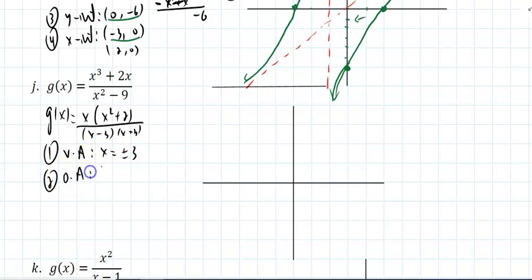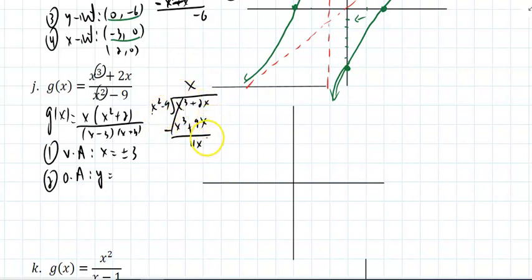Oblique asymptote or slant asymptote, y equals, since the degree of the top is greater than the bottom, I'm going to use long division. X cubed divided by x squared is x. That is x cubed minus 9x. And that's a remainder. So it's y equals x. Again, it's just a coincidence. It's not going to always be y equals x.